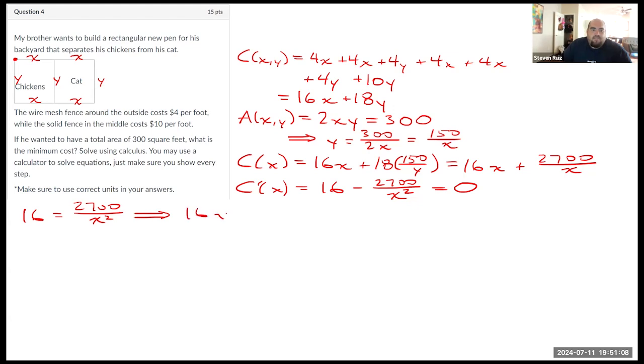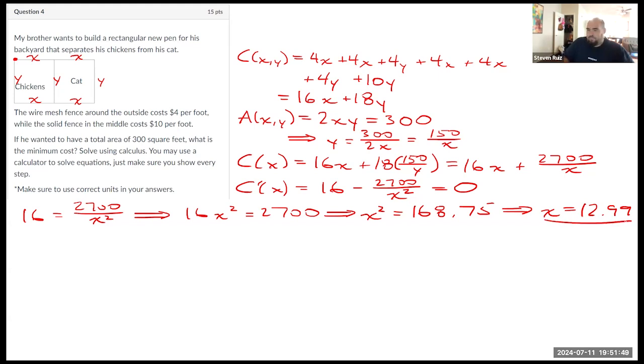Multiply both sides by x squared, and that gives me 16x squared equals 2700, or x squared equals, let me approximate whatever 2700 over 16 is, 168.75, which means that x is equal to, I think 169 is 13 squared, so this should be really close to 13. Yeah, 12.99. So this is my critical value of x.